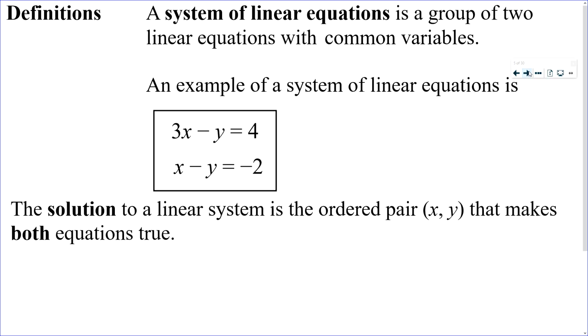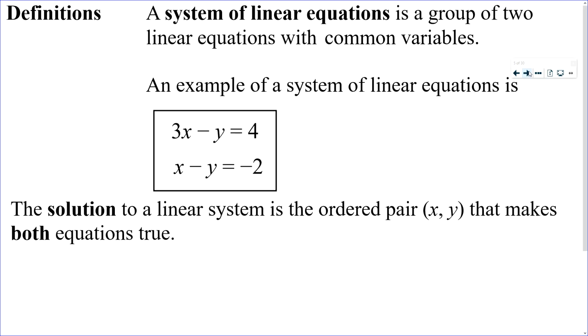So what is the solution to a system of linear equations? Well, the solution to a linear system, or a system of linear equations, is an ordered pair that makes both equations true. Now, what is an ordered pair? An ordered pair is a pair of numbers where one of the numbers is x and the other number is y, and they are locked together, and that means if you plot them, they are a point.